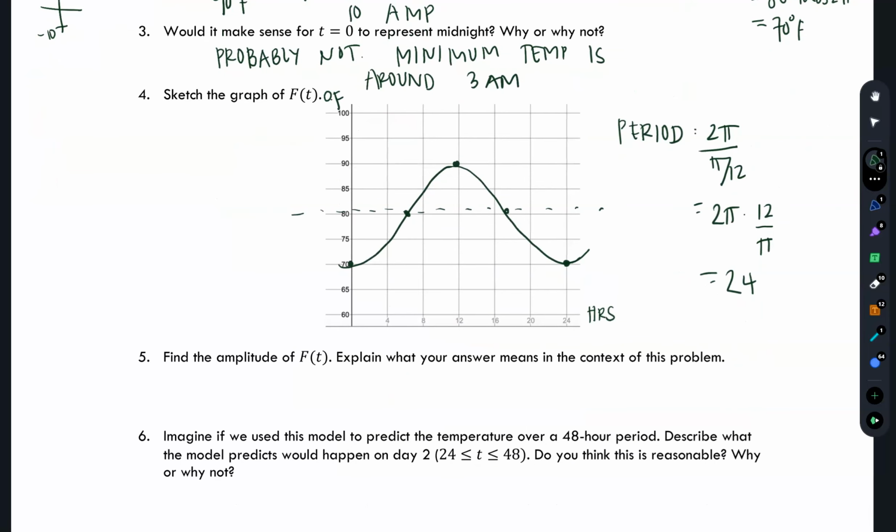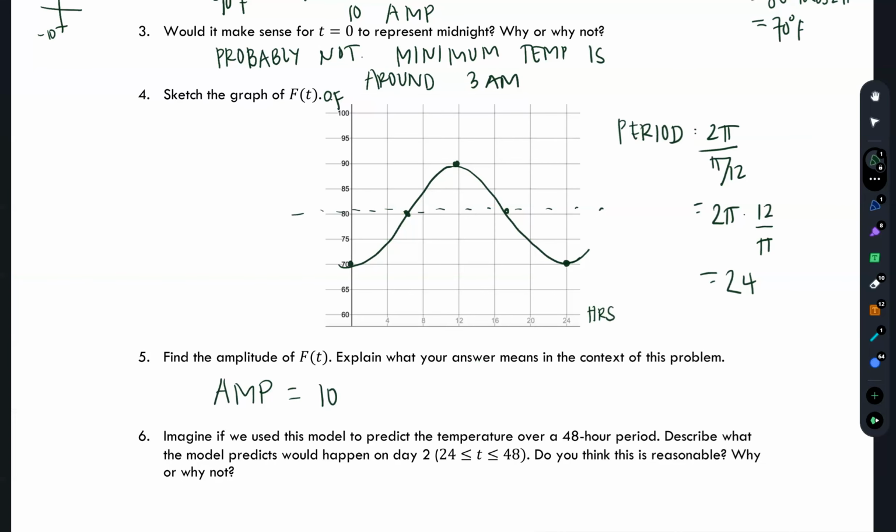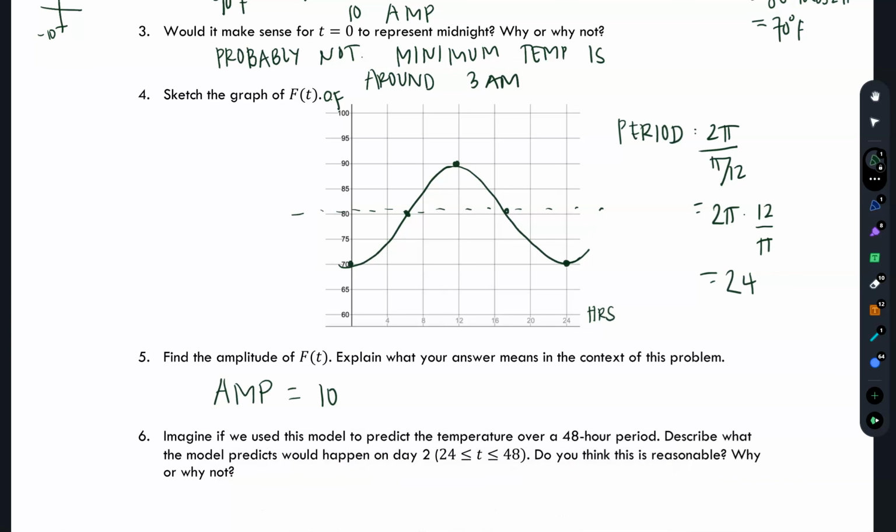All right, what about number 5? It says find the amplitude of f of t. So we already kind of talked about that. Amplitude is going to be 10. Explain what your answer means in the context of this problem. So the amplitude is 10. So basically it's going to fluctuate 10 units, so 10 degrees, right?